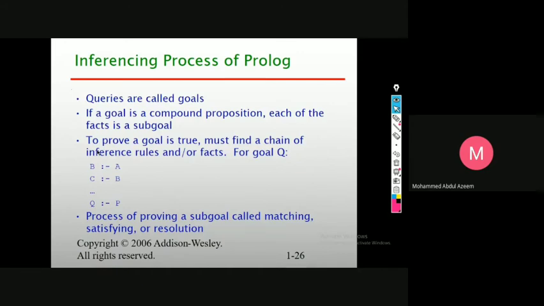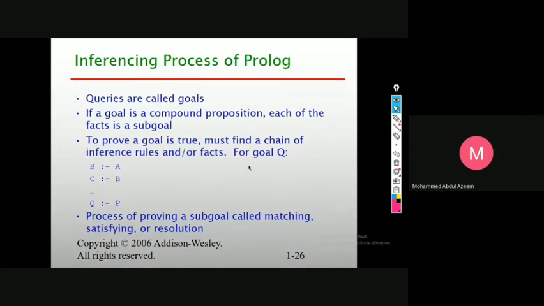If a goal is a compound proposition, each of the facts is a sub-goal. To prove a goal is true, you must find a chain of inference rules and facts. For goal Q, let us say certain facts are given below, and you are asked to prove Q to be true. So how do we do this? From where do we start and how can we reach it?